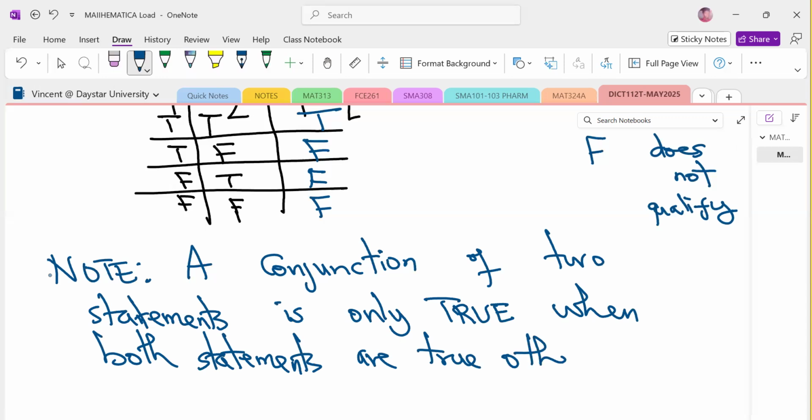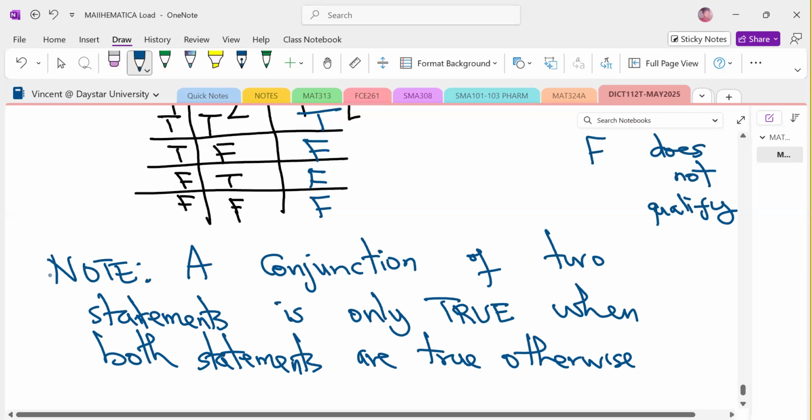Otherwise, what do you get? Otherwise, complete the statement. False, correct. Otherwise, it will be false. So that's the main take home.